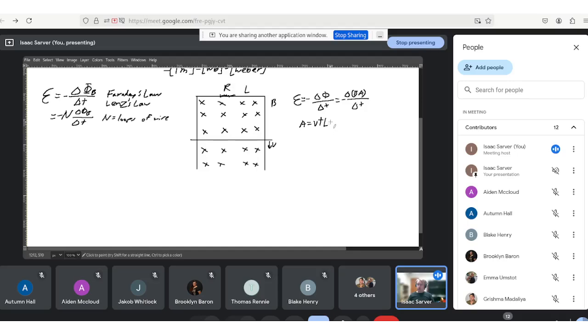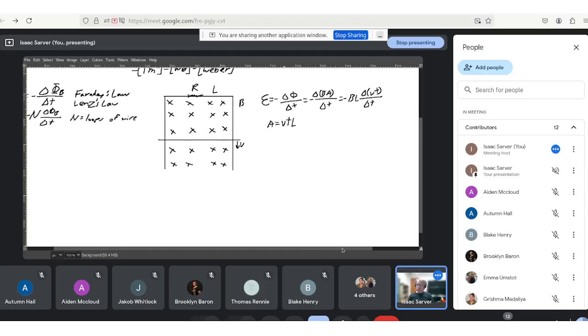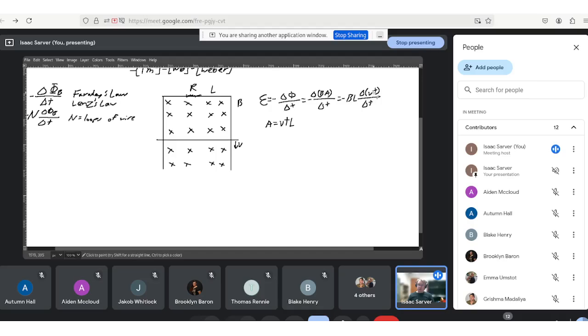So then we take the L out and the B out, so this ends up with minus B L, and then we have the change in area. The L came out, so we're left with v t over change in time. So I have this change in v t over change in time. Well, v is constant, but this t is changing one for one over time.